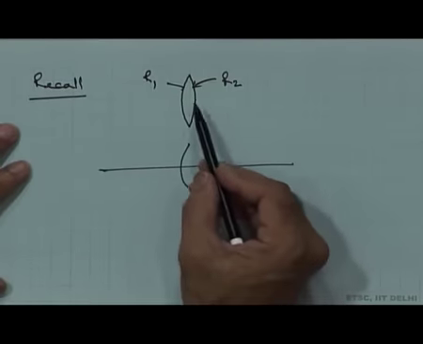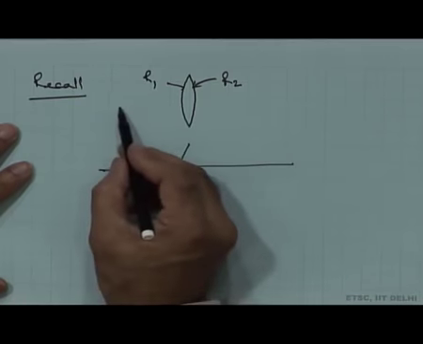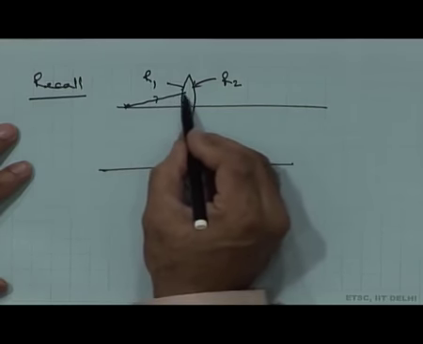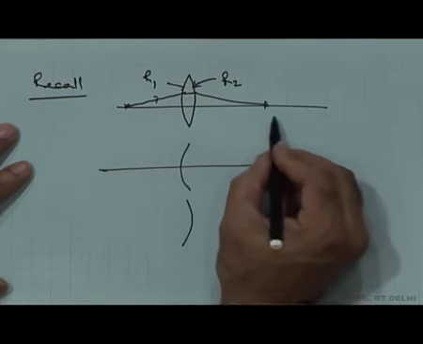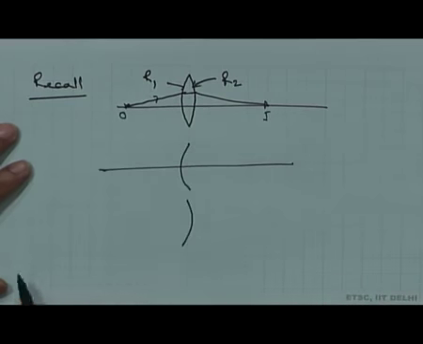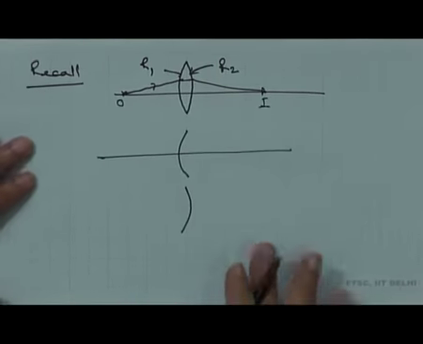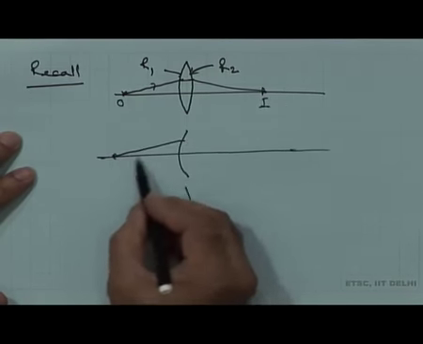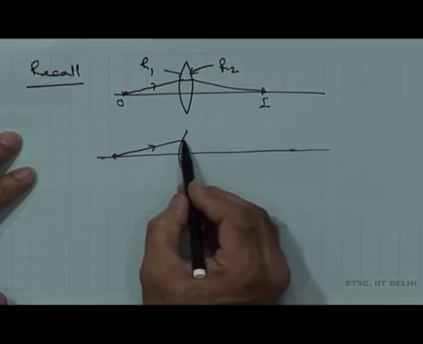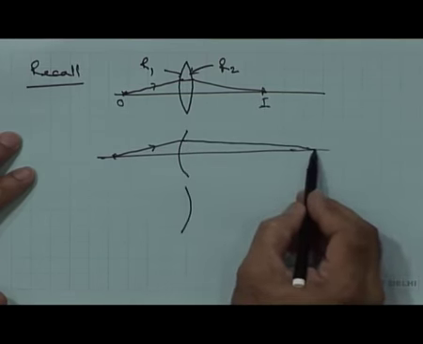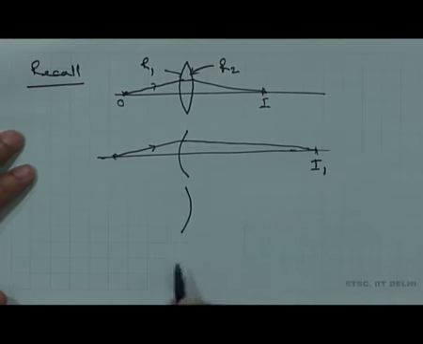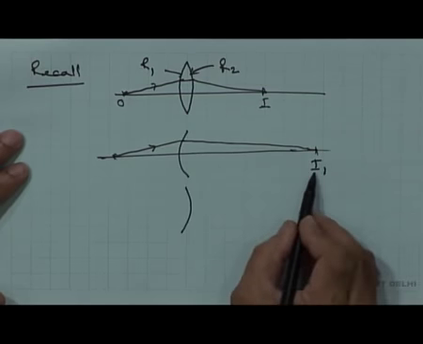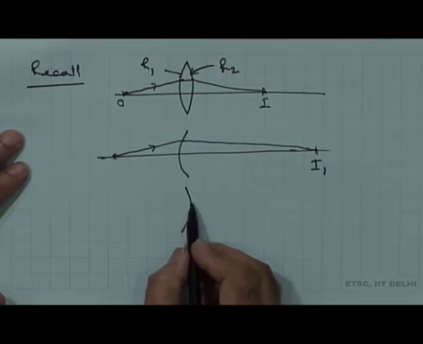Recall that refraction by a lens here: there was an object, and rays travel and form an image I. So this is a point object, and an image I. This was treated as first refraction by the first surface here, which would form an image somewhere here, let us say I1, and this image will be treated as a virtual object for the second image formation.